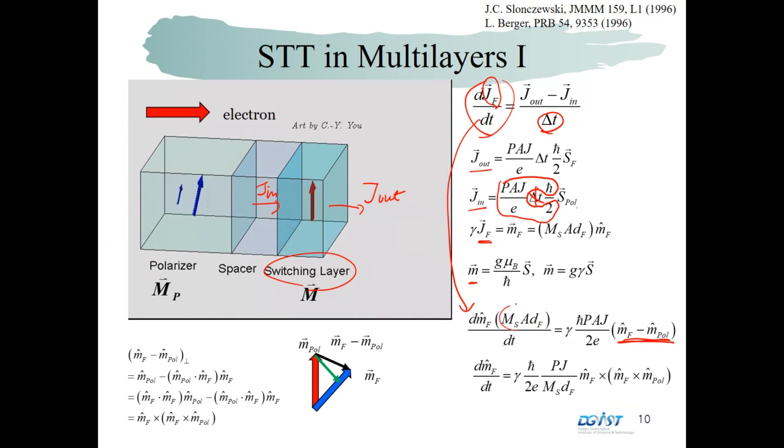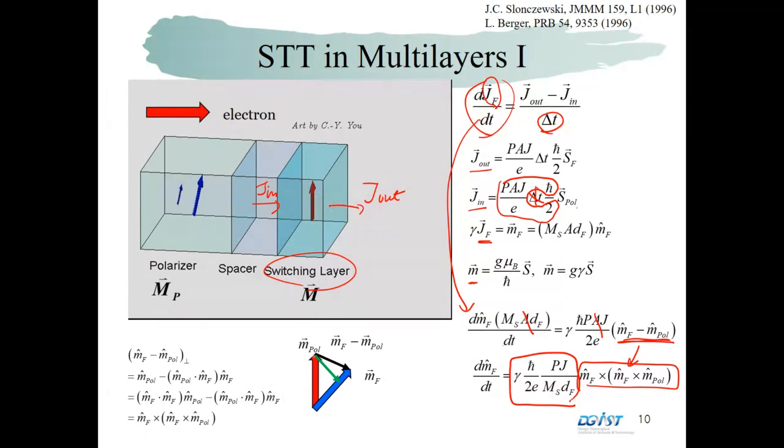If we divide these two, the A is dropped, and d_f and Ms are in the denominator. Now you can easily obtain this prefactor, and the remaining part is this term.